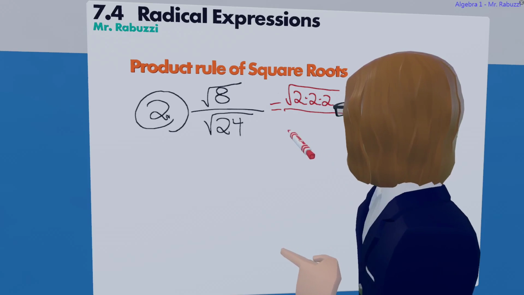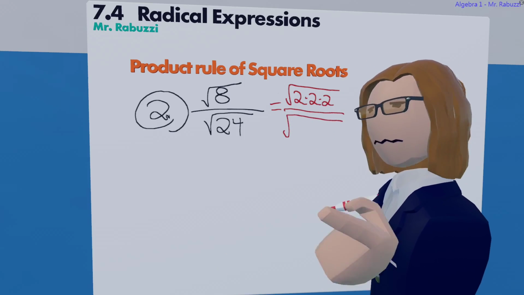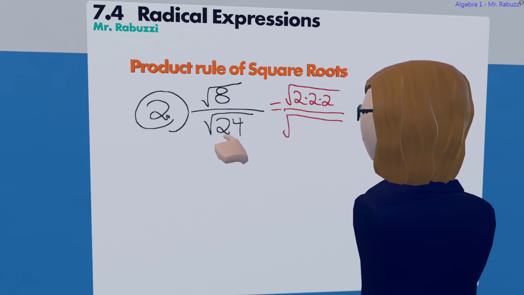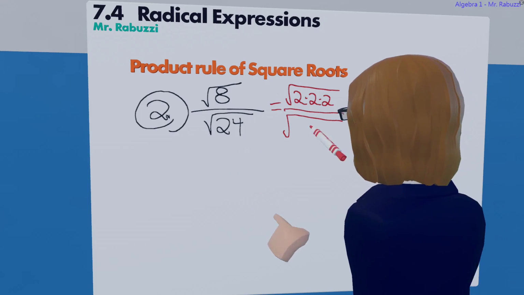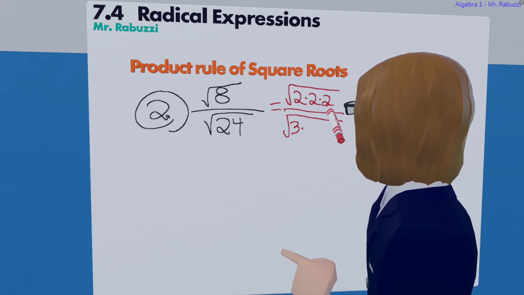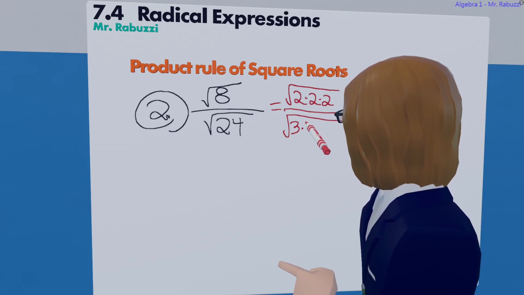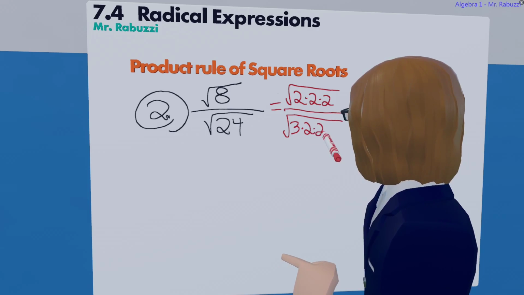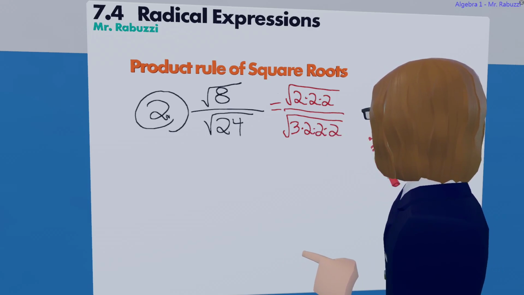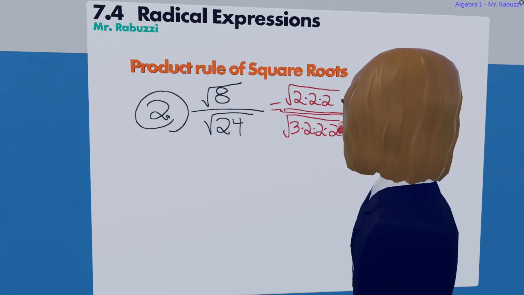Okay, and on the bottom, I'm going to split this up. How many 8s? Well, can this divide by 8? Yes, it turns into 3 times 8. But remember, that's the prime factoring for 8, so we can just copy it down here. 3 times 2 times 2 times 2.